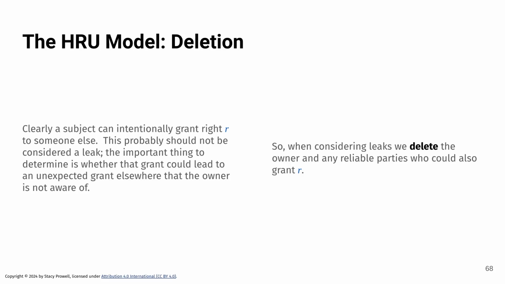But if the system evolves in such a way, with other people doing commands and so forth, that right may end up in somebody else's entry for that file, meaning somebody else has managed to obtain the read right to a file that I own without me being aware of it or doing anything to cause it. And that's what we ultimately mean by unsafe and by leaking.